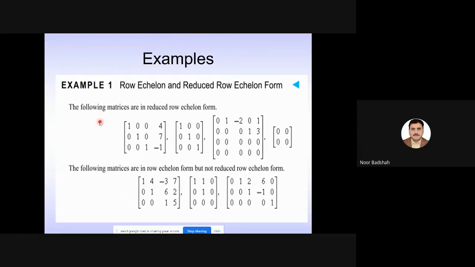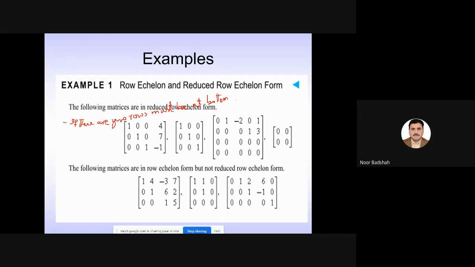If I write it again: if there are zero rows, they must be at the bottom. If you are having 1 zero row, that will be the last one.